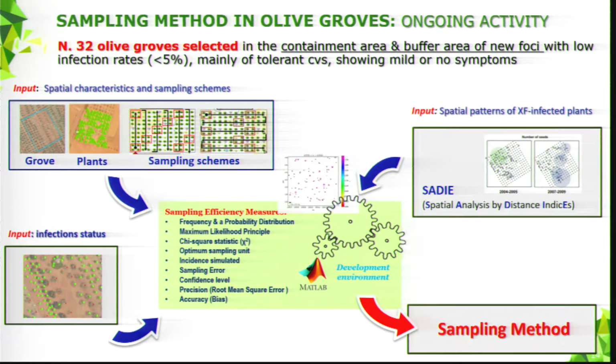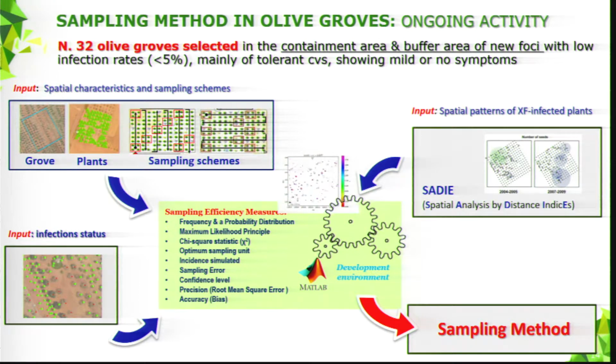One input will be the assessment of the infection status of these 32 olive groves as a second input. The third input is the spatial patterns of Xylella infected plants, processed by spatial analysis by distance indices.